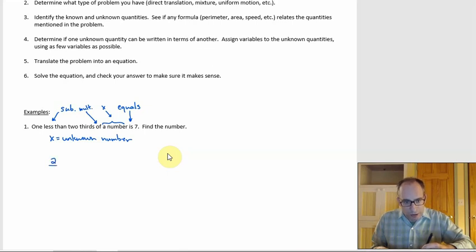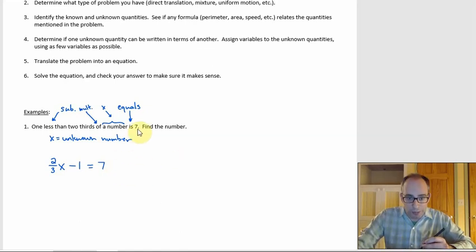So to translate this into mathematics, that's what you're going to have. You're going to have 2/3 x minus 1 equals 7. Right, the 7 I think is self-explanatory that that's what goes on one side of the equation, but on the other side, to write this, you can't really write this one from left to right. It would be nice if you could.